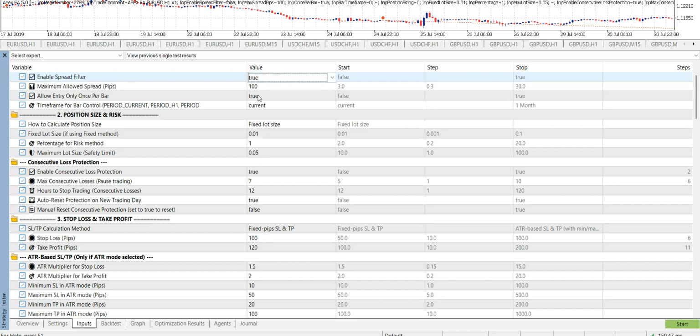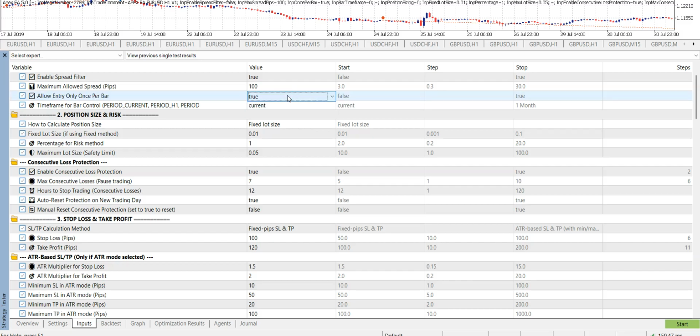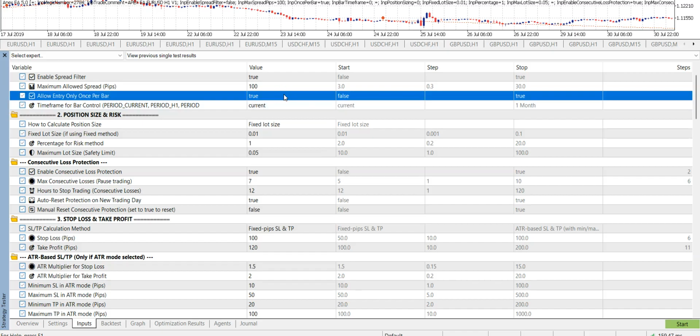So the next feature is something that I am using for a while and is working very well, and it is the allow entry only once per bar. It means that when you put the EA on a chart, for example, if you set it to the current chart, then it is going to only take trades, specifically one trade, open one trade on that chart.